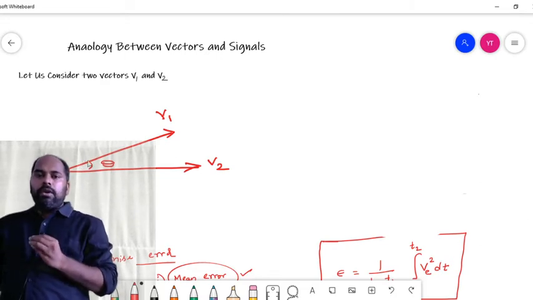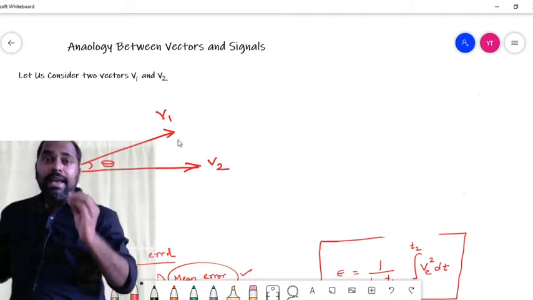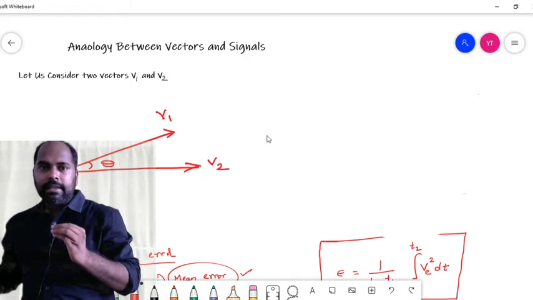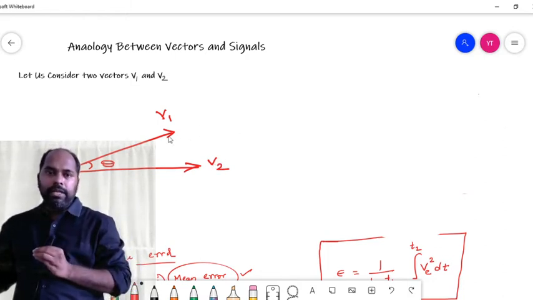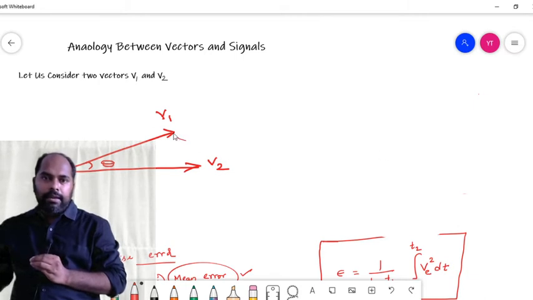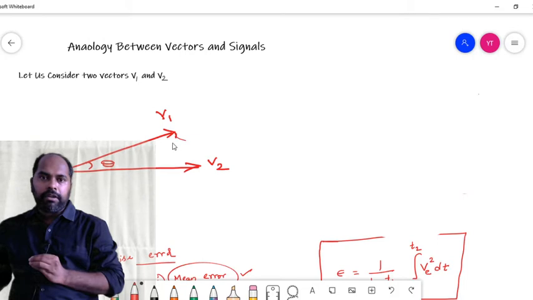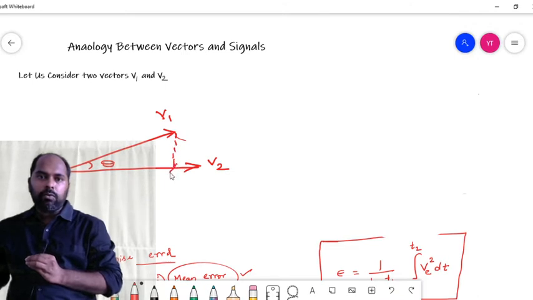Okay. Now if I want to find out the similarity between these two vectors v1 and v2, I am going to draw a perpendicular line from the tip of v1 onto v2.